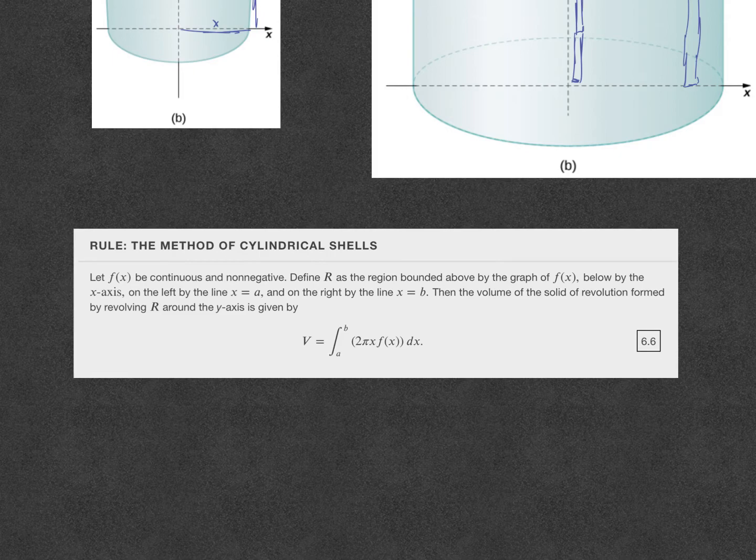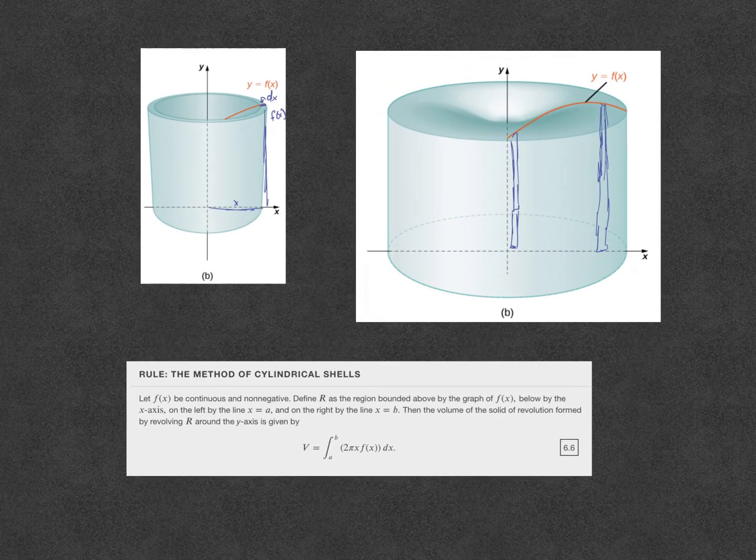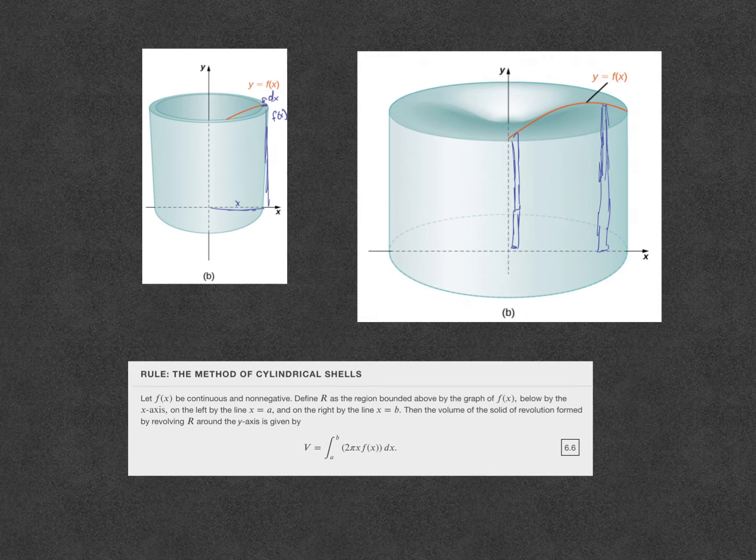The 2 pi x, actually let me zoom out so I can show you our cylinder up here. The 2 pi x is the circumference of this cylindrical shell as we're going around, 2 pi r. And then the f of x is the height of the cylinder. So that is really the volume of a cylinder, 2 pi r h, 2 pi x f of x.